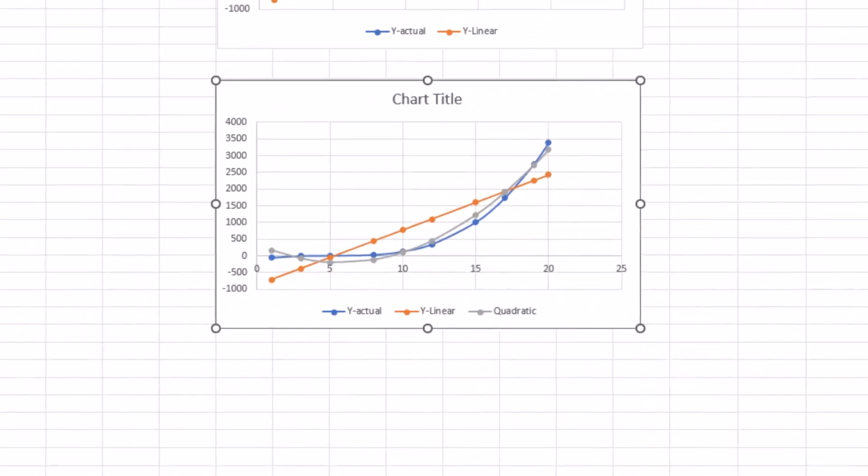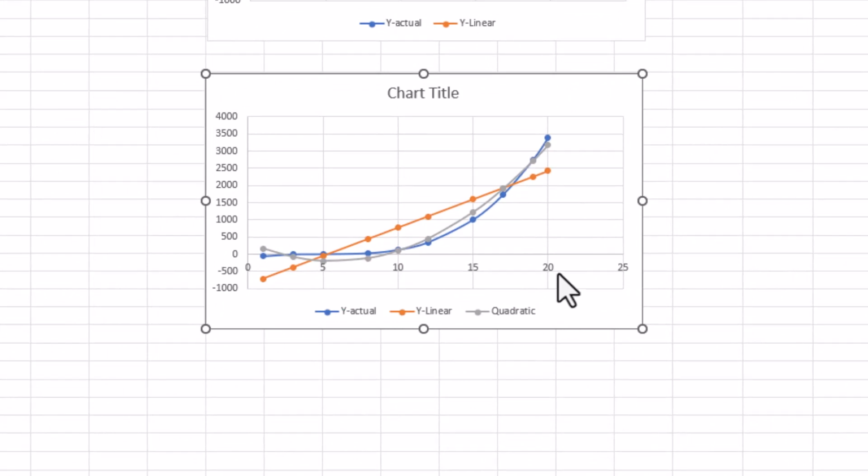So let's take a look at this chart. The blue line is the original data or the actual, you can see that. The orange line is the linear regression fit, and the gray line is the quadratic regression function equation. And you can see that the gray line, which is the quadratic function, traces or follows the actual observed values much closer than the linear regression line.